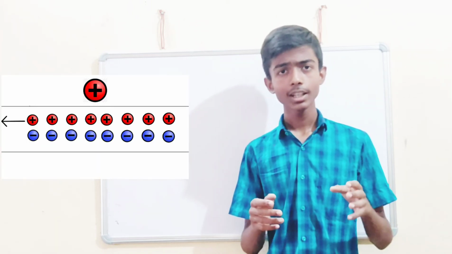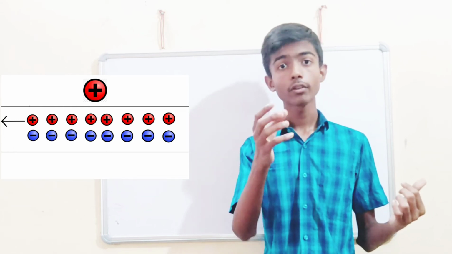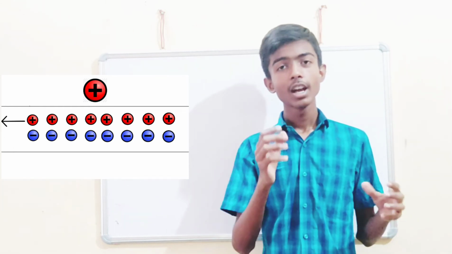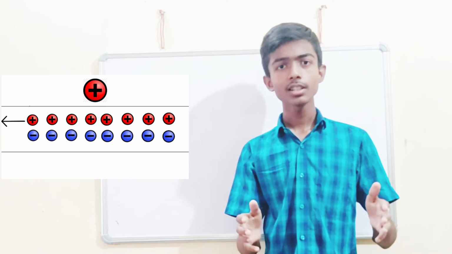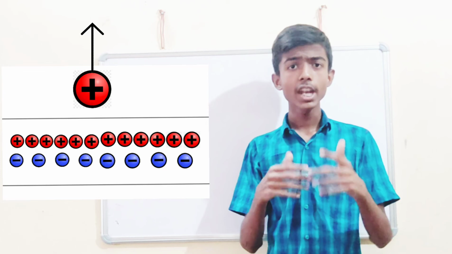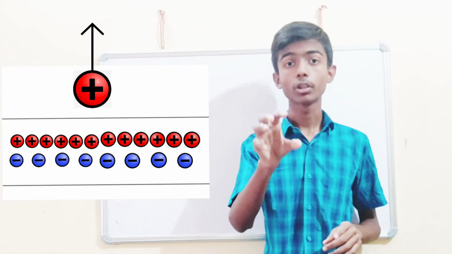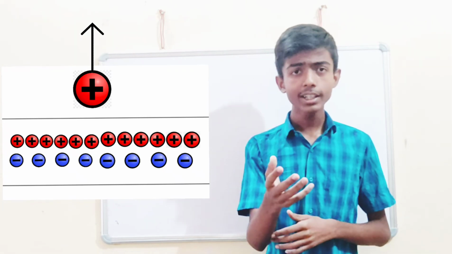So what happens is that as the positive charges are moving in the opposite direction in the frame of reference of the other positive charge, the distance between those positive charges has been contracted, and there is a net positive charge in that wire with respect to that particular positive charge which is kept beside it.